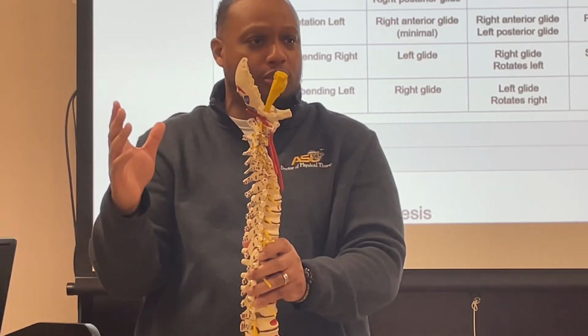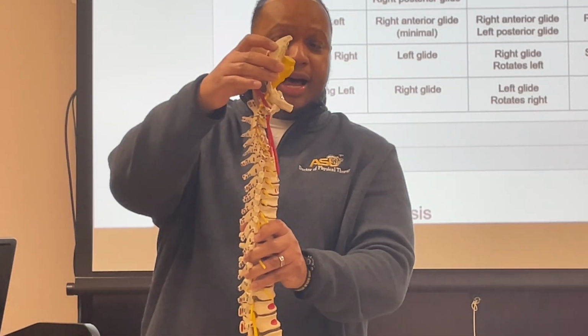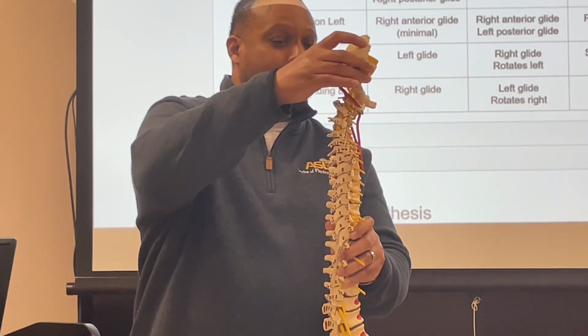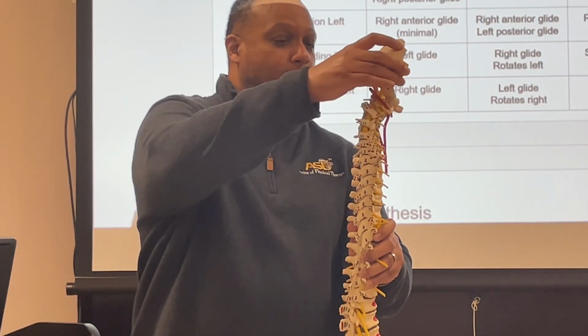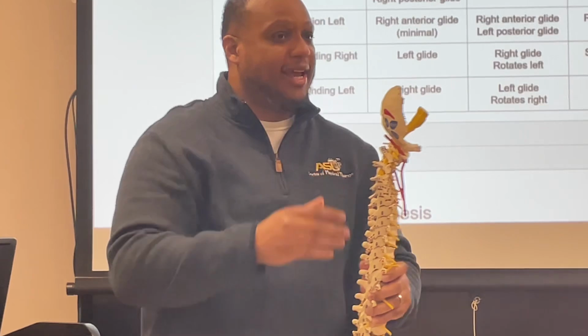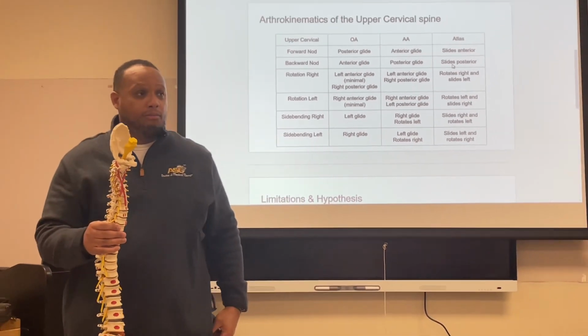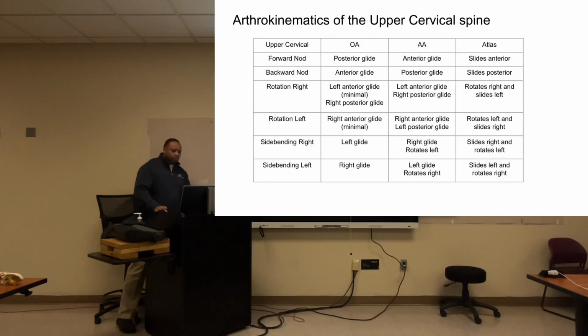It's gliding posteriorly. And with the forward nod, the atlas, you can kind of see it. It's minute, but you can kind of see it. The atlas is moving in what direction? It's sliding anteriorly, okay? It's minute on the model, but you can see it. We're going to talk about rotation right and rotation left.